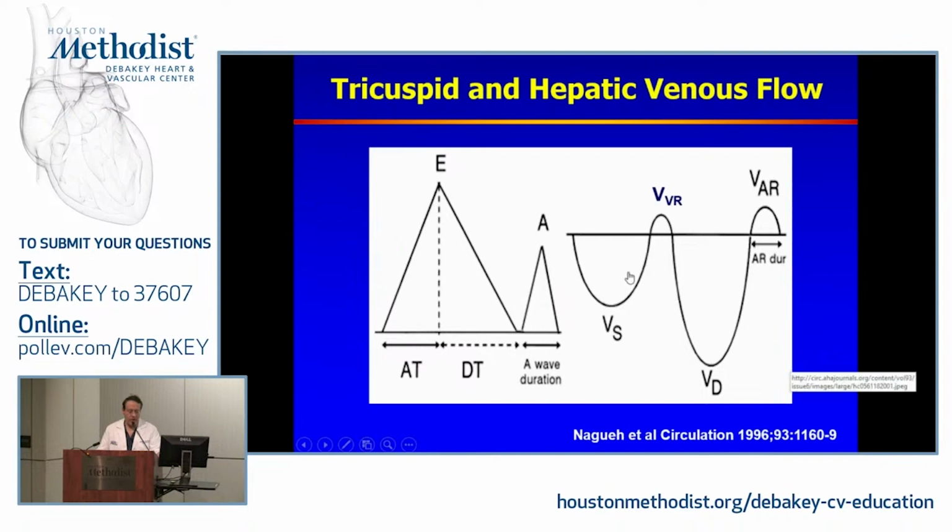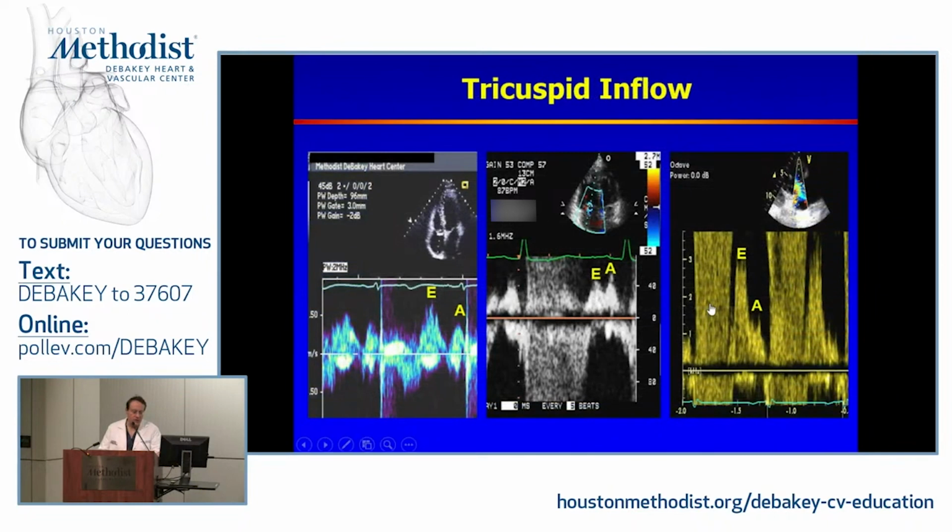For hepatic veins, you look at flow during systole and diastole. The more flow you see in diastole in patients with diseased hearts, the higher the right atrial pressure. In young individuals who are healthy, you may see predominant diastolic flow in the presence of a normal right atrial pressure. That's why clinical context matters when we try to interpret these signals.